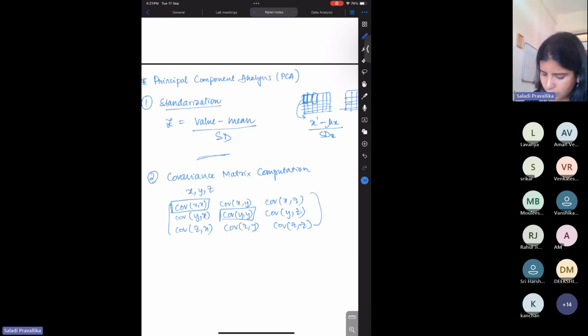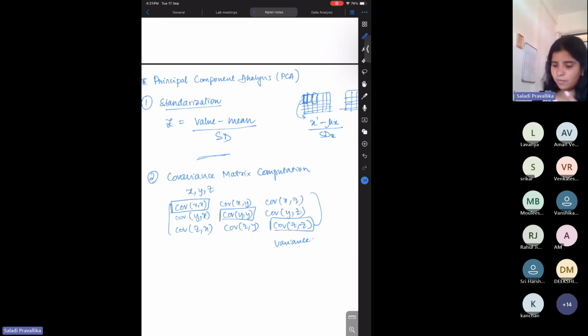These are the covariance of a variable with itself. The covariance of a variable with itself is called the variance, so we just write the variance instead of a covariance. So this whole diagonal is going to be the variance, and we actually have the variance of each initial variable.